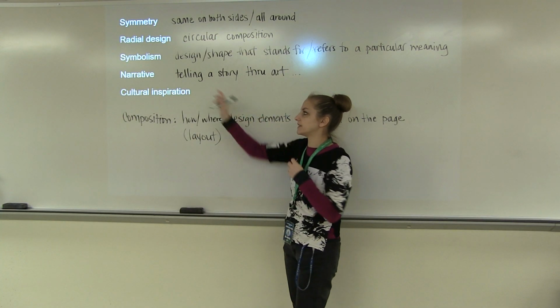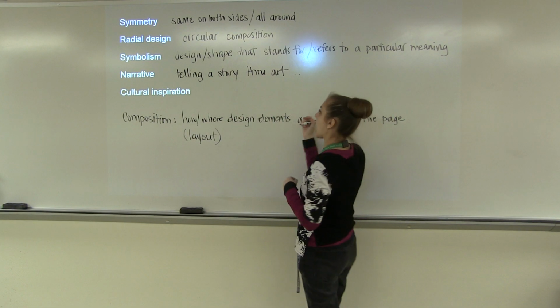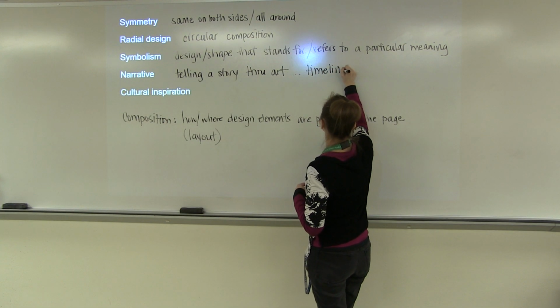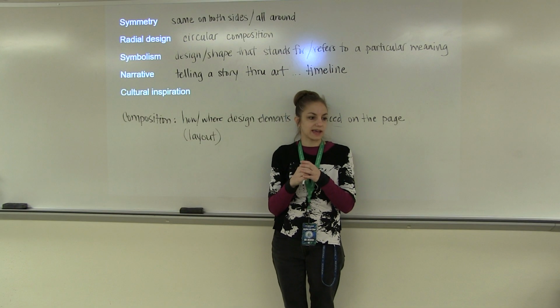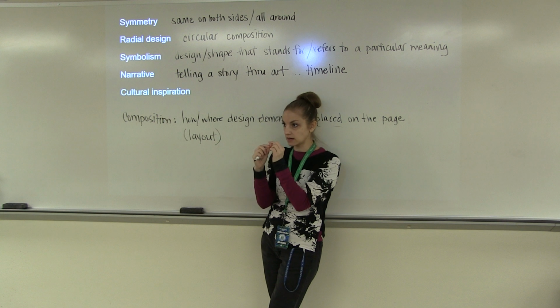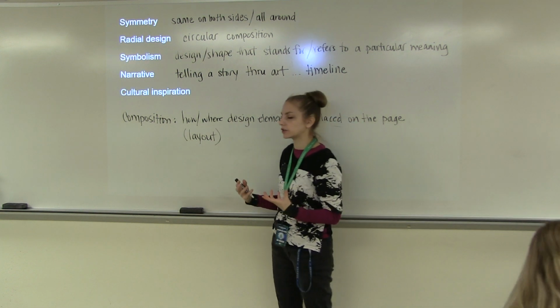The other thing that we want to think about with the concept of a narrative is timeline. And that's how we saw it in our mandalas, right? Most of us designed either from the center out or from the outward edges in, and that was that progression through a particular timeline, a particular journey.